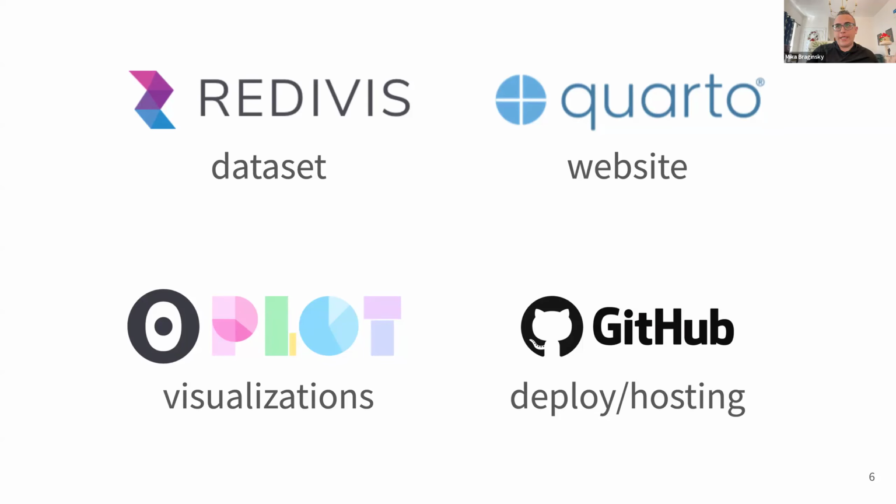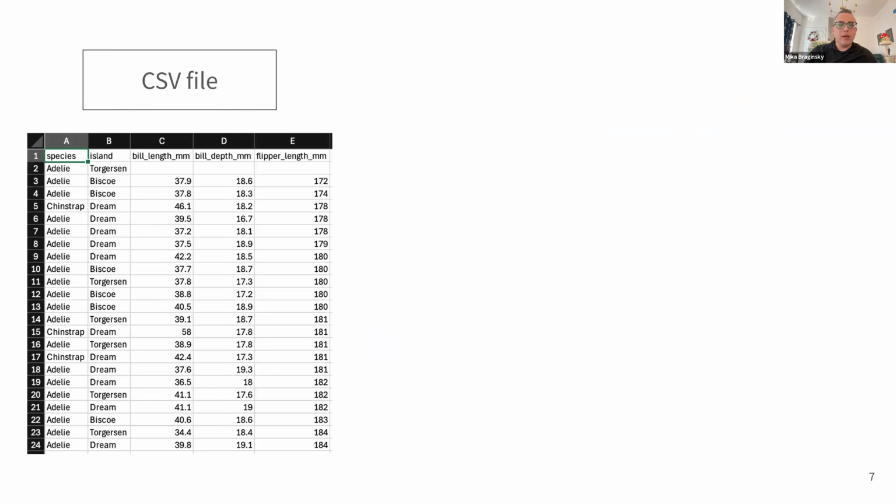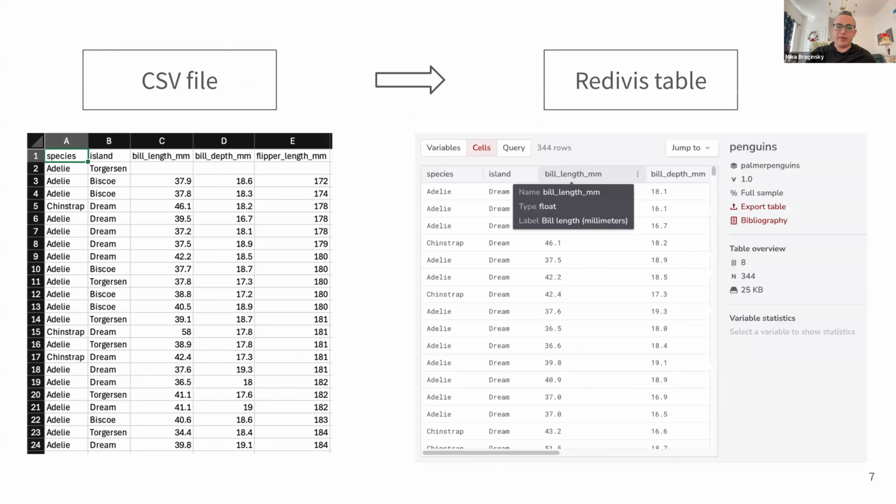Now I'm going to further break down each of these steps into some more details about what that component is about. Okay, so first off, like I was saying, the data is hosted on Redivis.